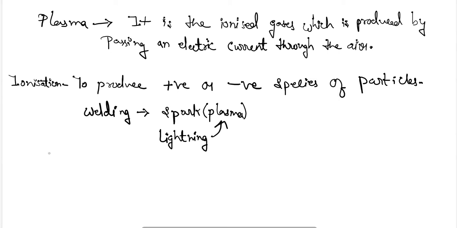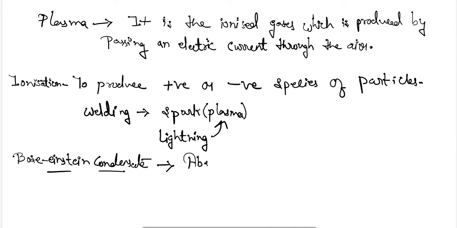Next is the Bose-Einstein condensate, which was defined by Satyendra Nath Bose and Albert Einstein. The Bose-Einstein condensate is a state of matter which is produced at absolute zero temperature.